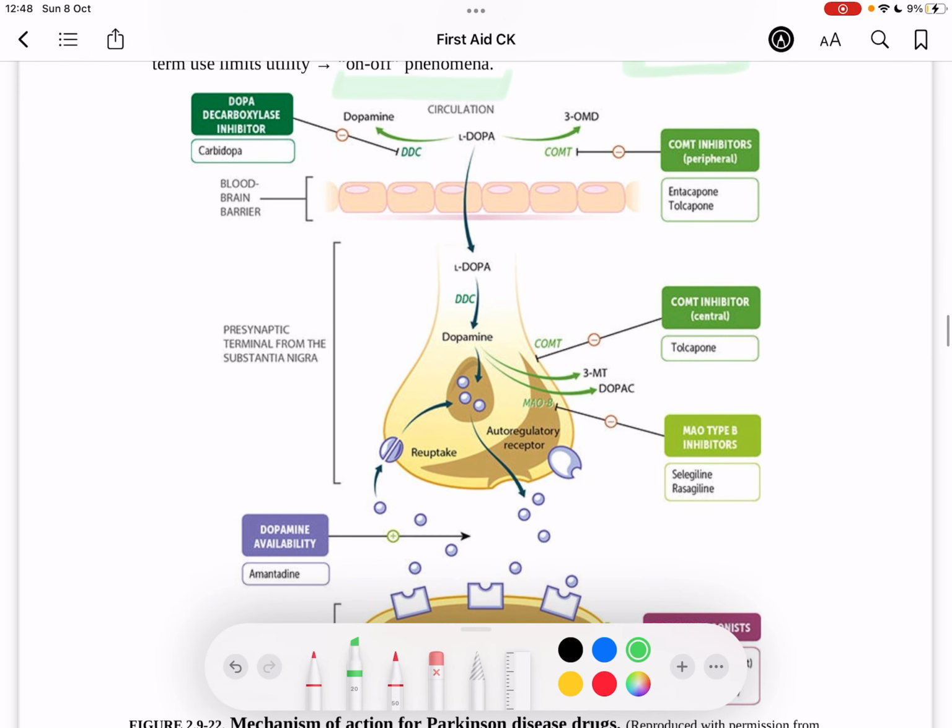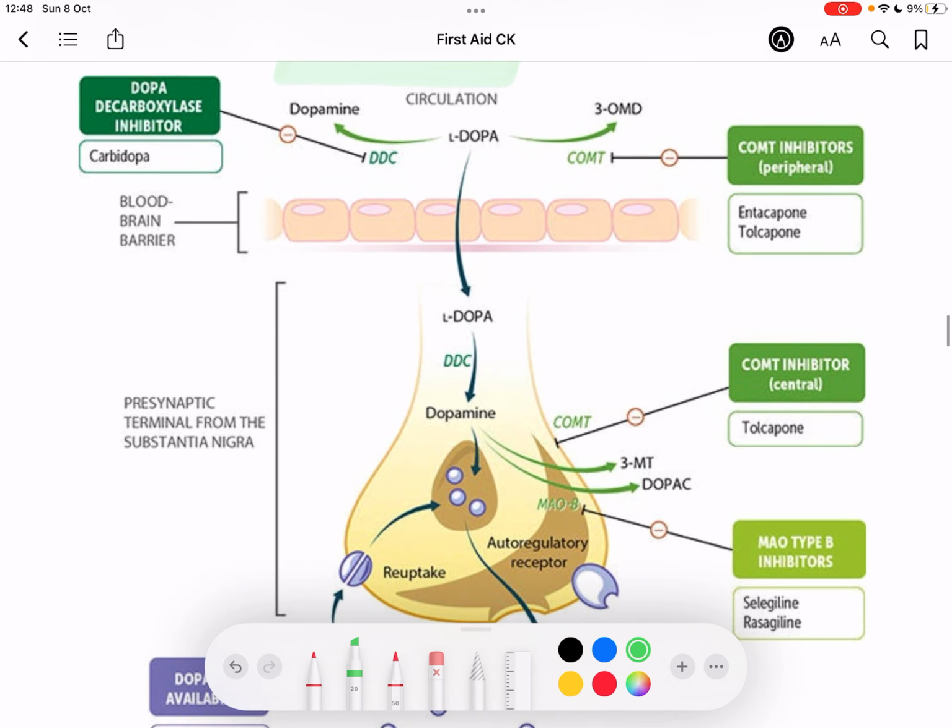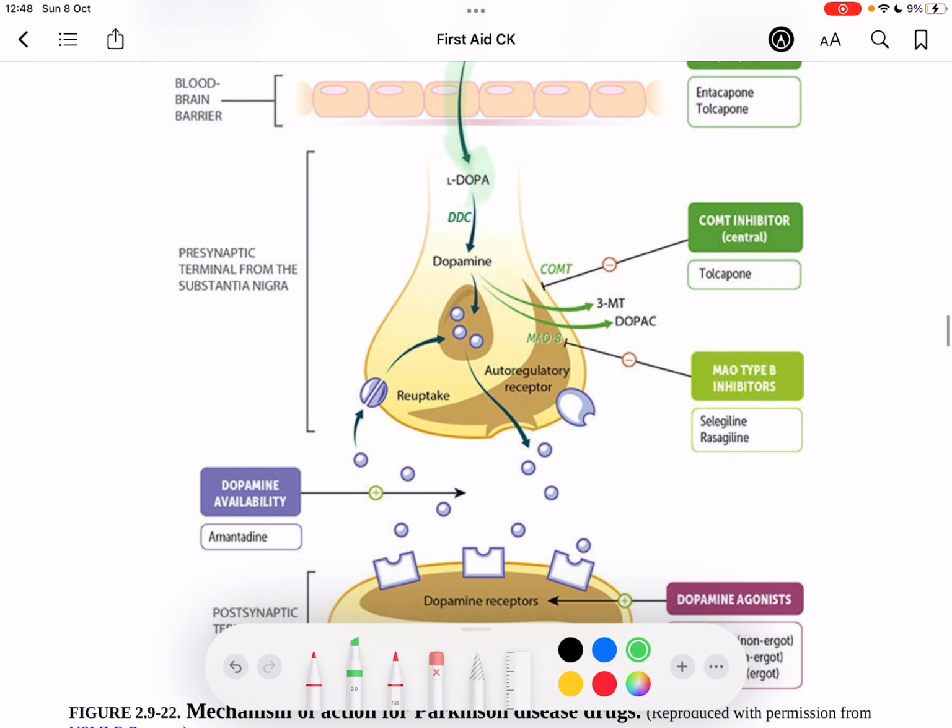So just really briefly, I'm going to talk about where most of the medications work. This is more of a Step 1 concept, but it's really important to know anyway. The main drug that we do use is levodopa. Levodopa is given, it can cross the blood-brain barrier, it goes into the presynaptic neurons of dopaminergic neurons, and that provides more dopamine, so it can relieve the symptoms of Parkinson's.